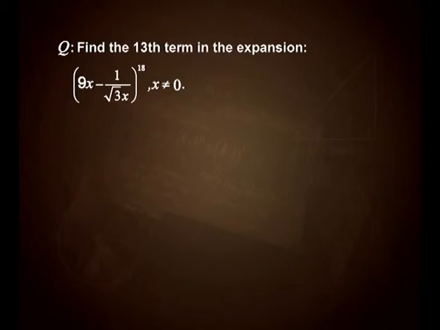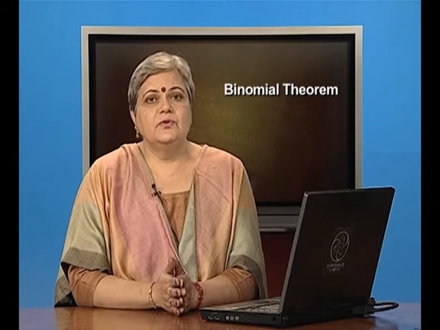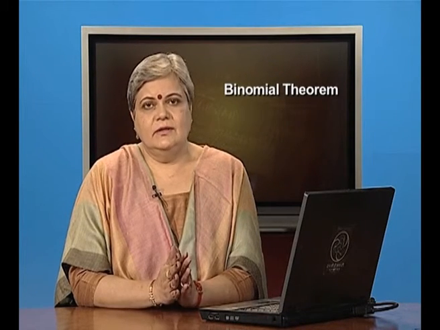The question says find the 13th term in the expansion of the binomial given here. So, I am looking at (9x minus 1 by 3 root x) whole to the power 18. We are not interested in the entire expansion. We are asked to find only the 13th term.